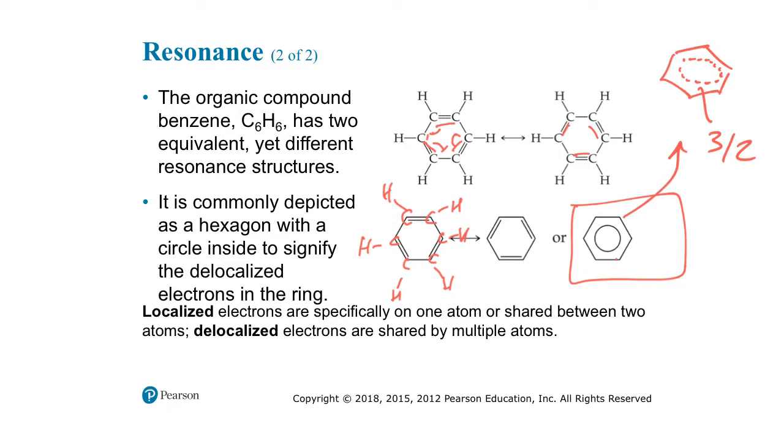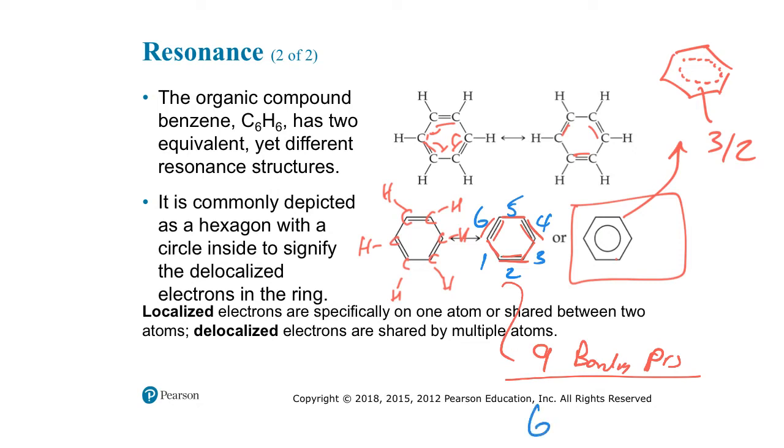So you have a total of 1, 2, 3, 4, 5, 6, 7, 8, 9 bonding pairs of electrons that are being distributed across the 1, 2, 3, 4, 5, 6 covalent bonds.